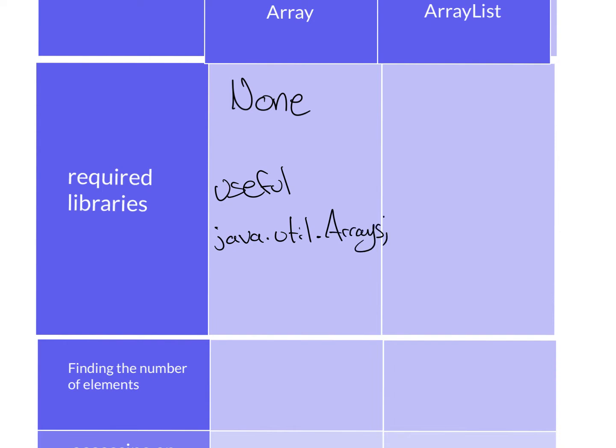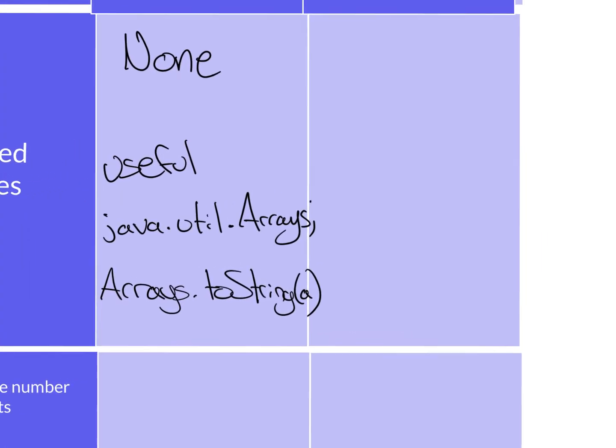Specifically, the most common one that people use there is Arrays.toString, which allows you to convert your array to a string, which makes it really nice for printing, but you don't need to do that. You can just write a loop to print, and it works just as well.